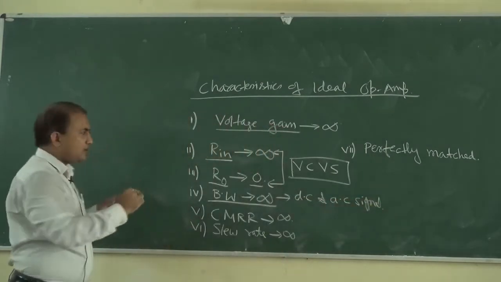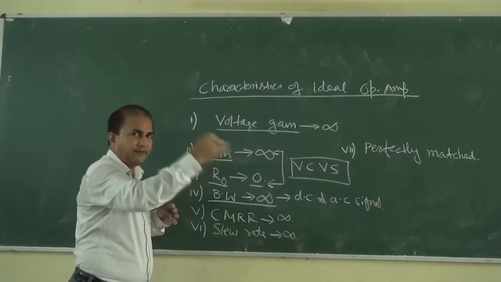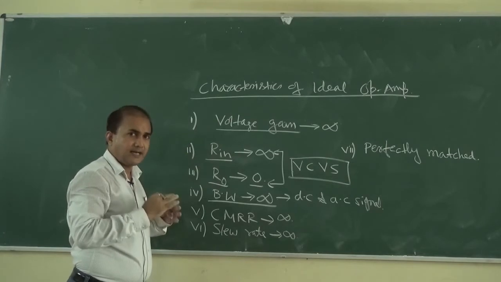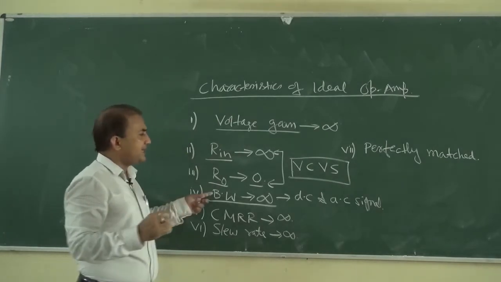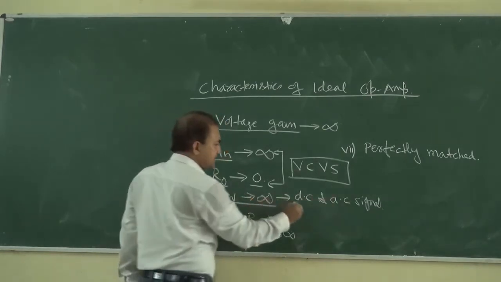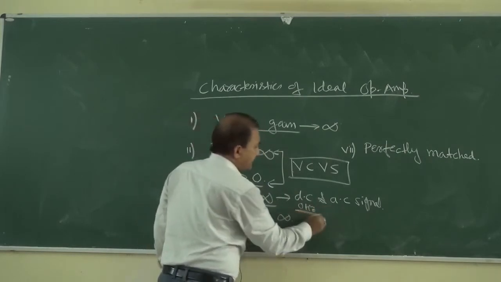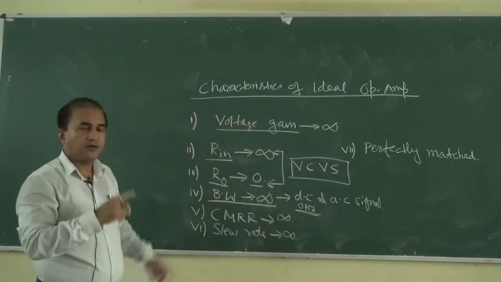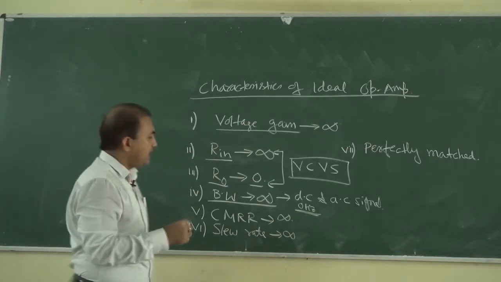From 0 Hz up to infinity, it can amplify the signal without any attenuation. DC signal has 0 frequency, so it can amplify both DC as well as AC signal without any attenuation.